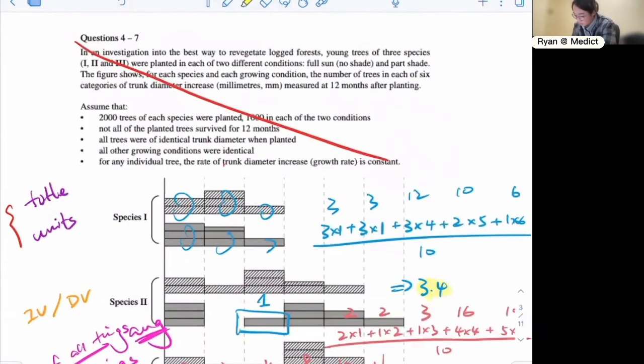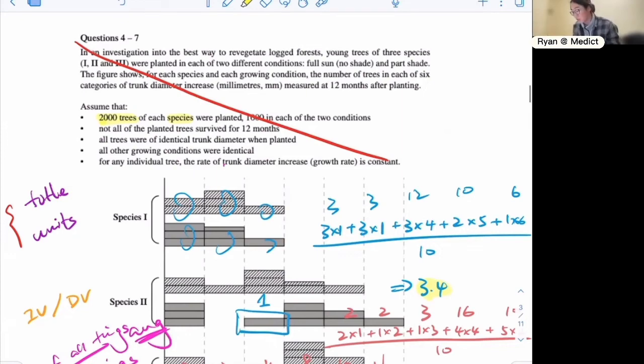And this comes to the additional information that we have 2,000 trees per species, right? 2,000 trees per species. And as you can see, this is really the only piece of additional information we need from this text. So that's why I said, don't read the additional information unless you encounter something that you feel like, okay, I have to find it somewhere.